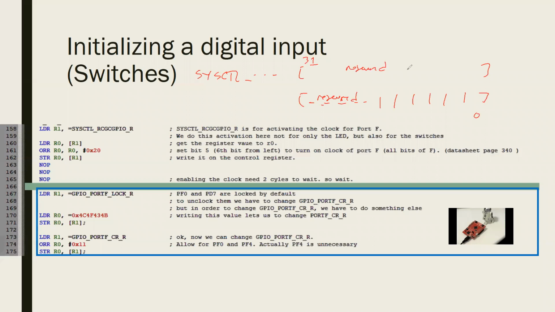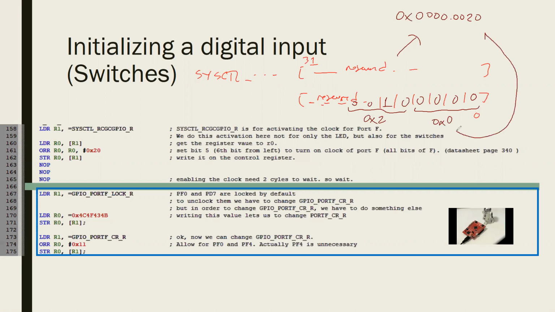Reserved. Okay. And if you remember, we have applied 0, 0, 0, 0, 0, 1 to these places, which would make this bit 1, because the reserved bits are automatically 0, and so this is hexadecimal 2.